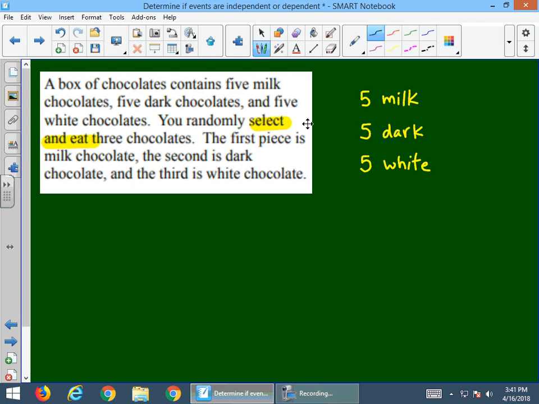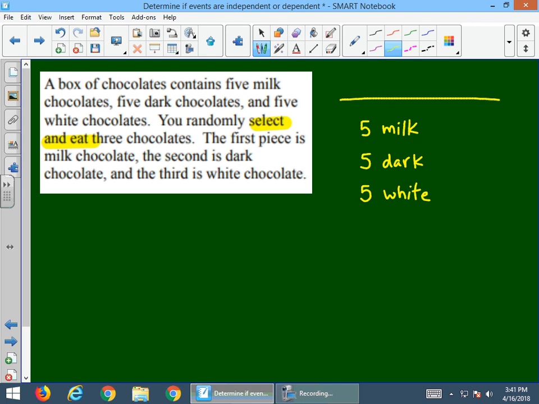So think about what is happening here. I am selecting from these chocolates, and then I am eating them. So if I'm eating them, am I replacing them into the box of chocolates? Well, if I take out a piece of chocolate and I eat it, then I'm no longer going to have 15 chocolates in the box. Right? This box right now has a total of 15 chocolates. But if I pull one out and eat it, then that box will only have 14 chocolates.